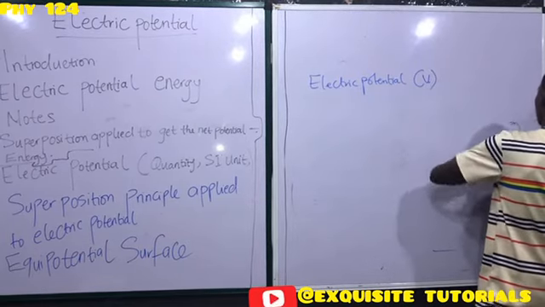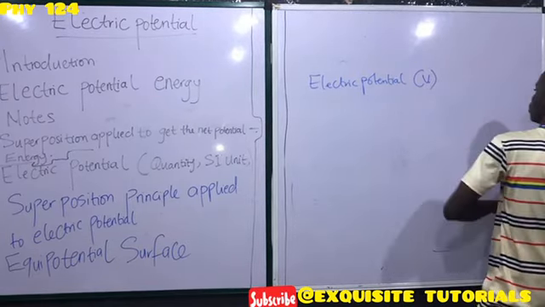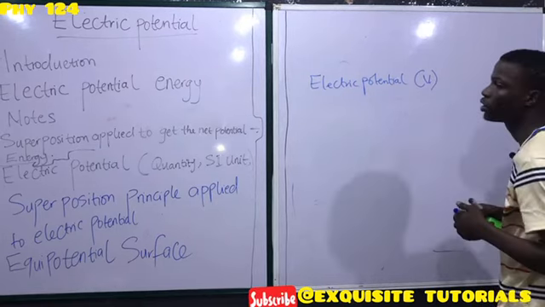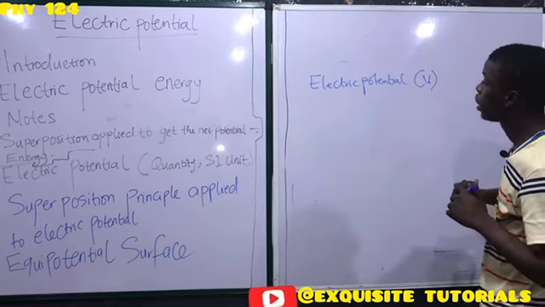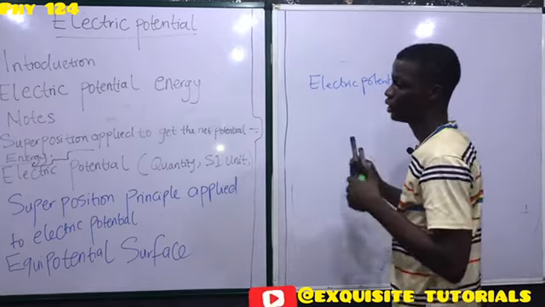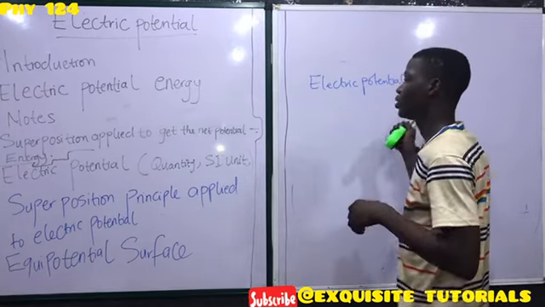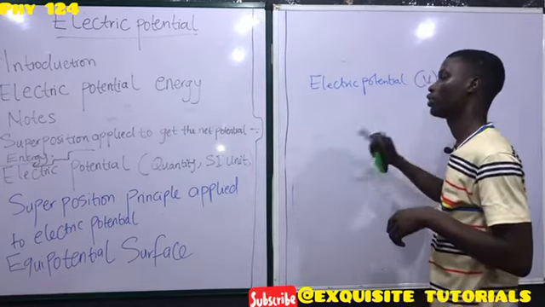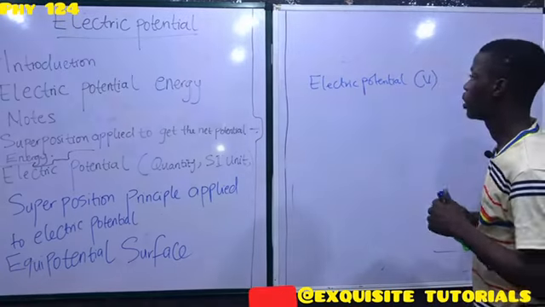And take note, electric potential is a scalar quantity. It's not a vector quantity. It's a usually asked question in the examination: what quantity is the electric potential, vector or scalar? It is a scalar quantity, in case you are asked.